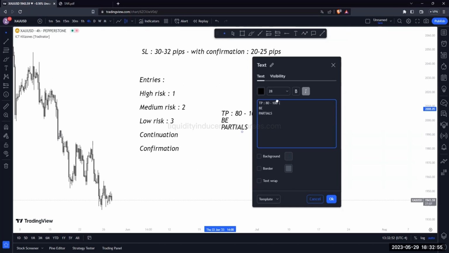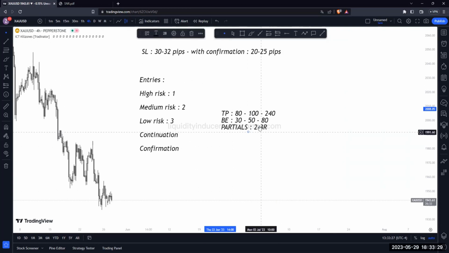Let's make it 120. Yeah, 100. And for low risk, at least 240. Okay, so break even 30 pips, 50 pips, actually 50 pips here. And here you go for 70, 80 pips break even. Partials is the same as break even, or you would want it to be at 2R.